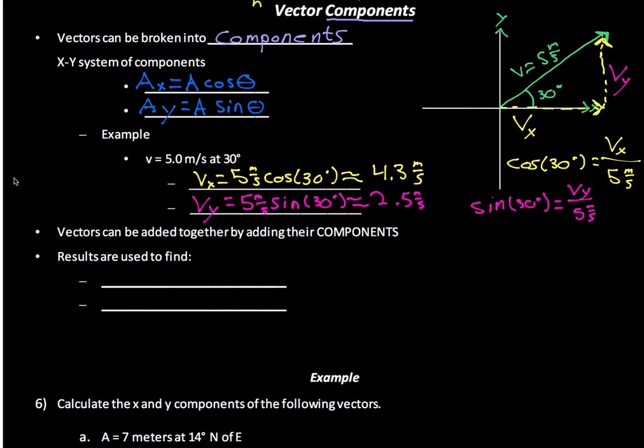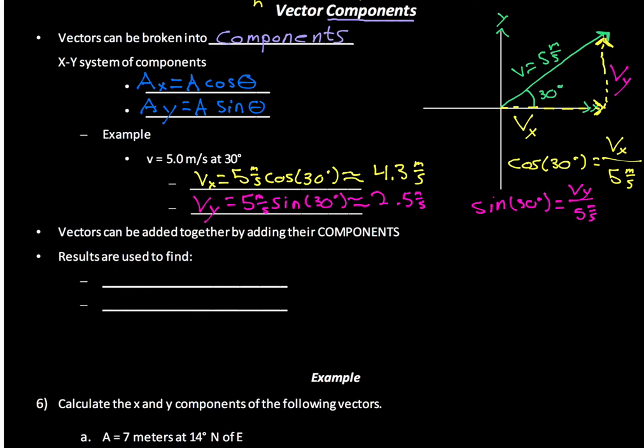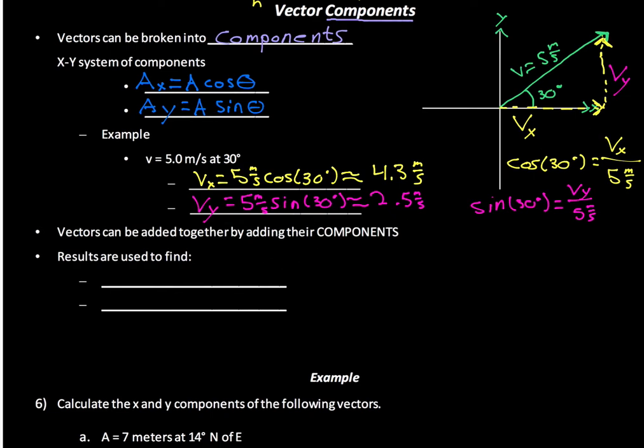So one of the useful things about components is they give us another way, and a really convenient way we'll start to see as we use them, to add vectors together. So the results of when we find the components and add them can give us the magnitude of our vector that we get when we add them, which is called a resultant, or it could be the original if we've broken it down into components.